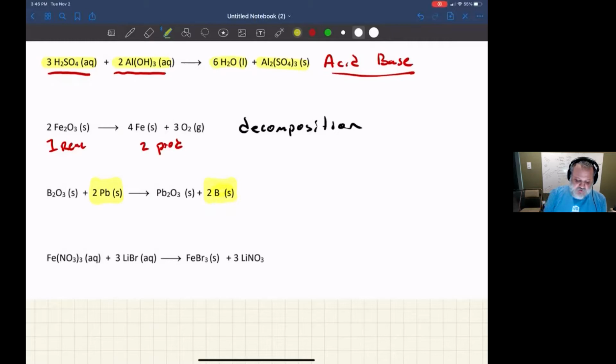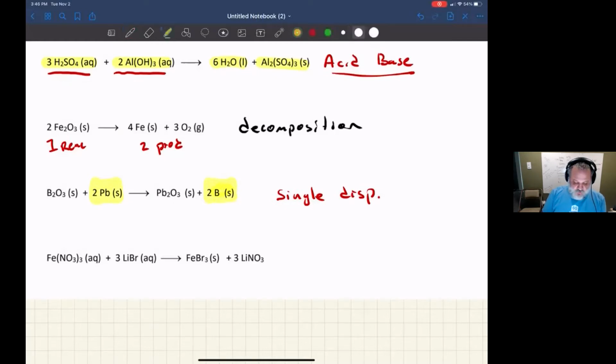So this is an example of a single displacement reaction. It's not a double displacement. They're not swapping partners, but the lead and the boron do swap. So only one thing is swapping. And so this is single displacement.